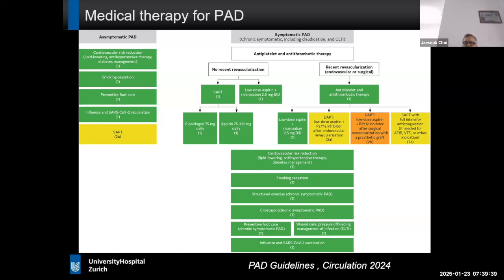So that was one part of the question, and the other one was why do we have different classifications? Basically, the classifications don't differ that much, whether it's Fontaine or Rutherford.